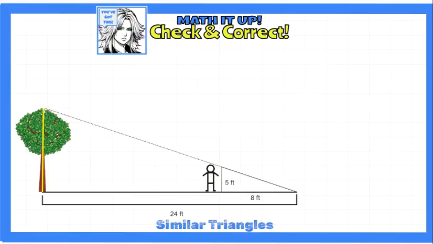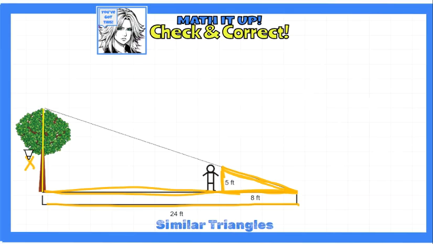Okay. So what is happening here is they're sharing this angle here. Okay. So this is 8 feet here, and this is 5 feet. And to figure out how tall this tree is, we have 24 feet as this length here, and this is our unknown. But we can use what we have here to figure this out.